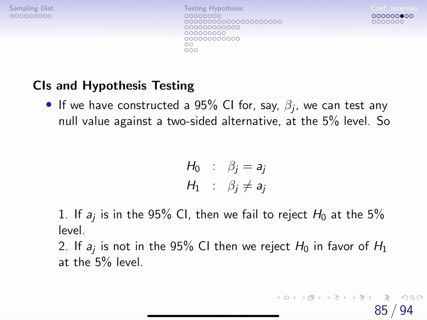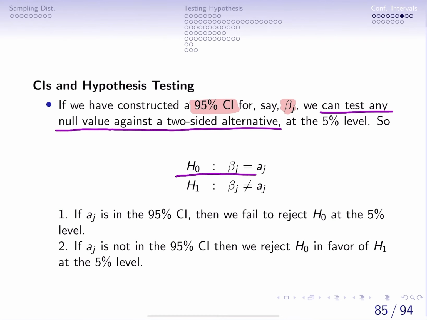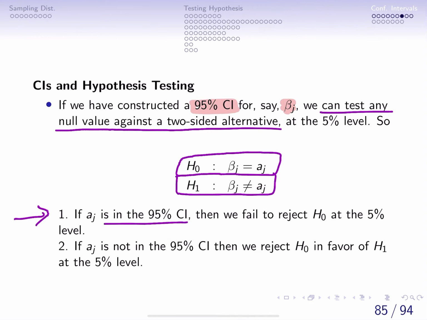So typically, for any confidence interval that we have constructed for beta j, we can test any null hypothesis against a two-sided alternative, right? So let's say the hypothesis is that beta j takes the value of aj, and the alternative is that it is not equal to aj. The first point here is that if aj lies in the 95% confidence interval, then we fail to reject the null at the 5% level if we are testing at the 5% level.